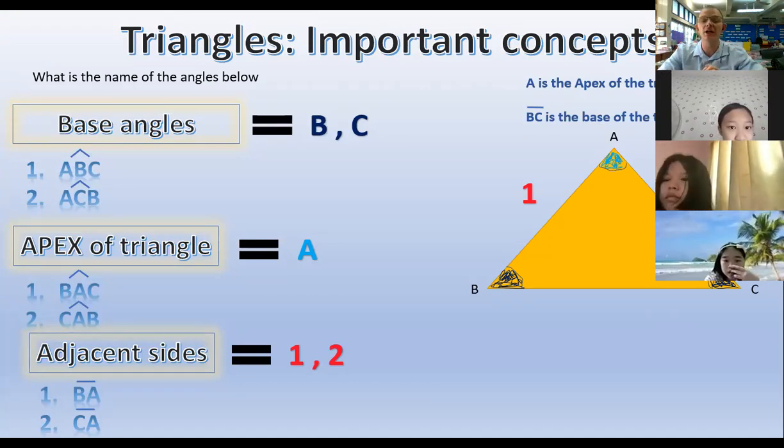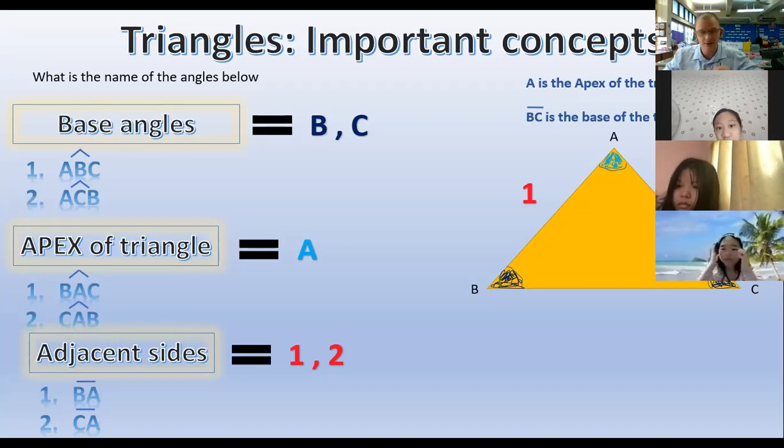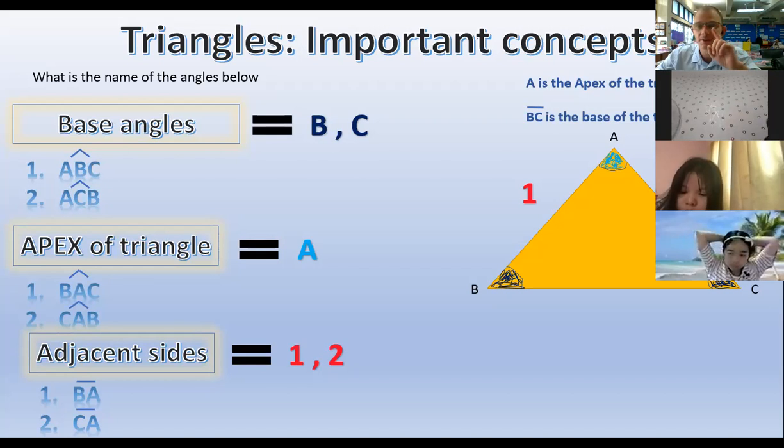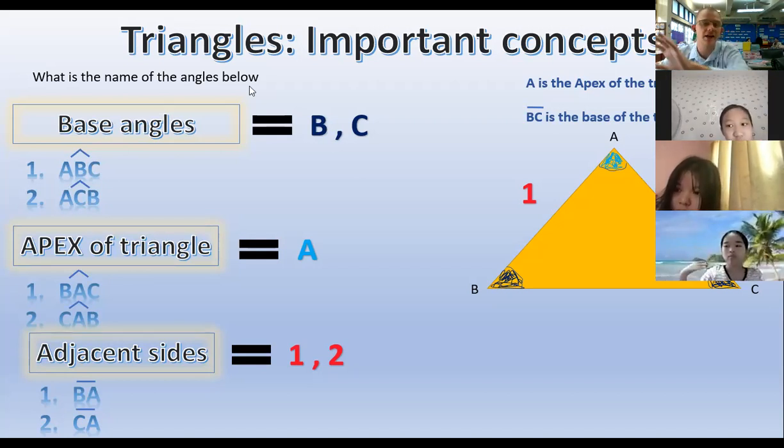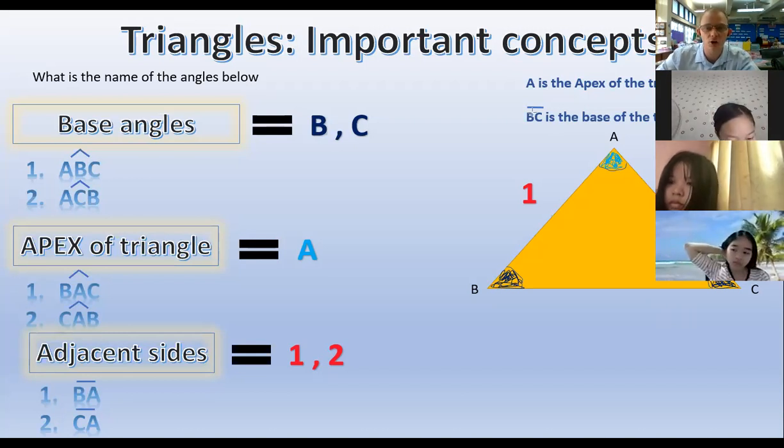So today we will quickly have a look at how do we identify the base of the triangle, the apex of the triangle, and also how can we calculate the height of a triangle. Okay, so firstly, I will have an example on the right-hand side to explain the concept that I'm going to talk about.